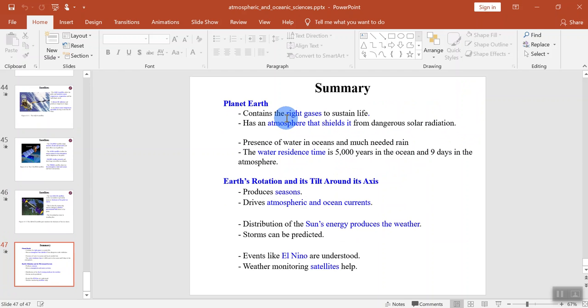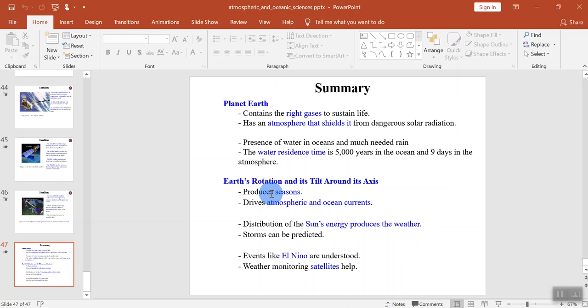Summary: planet Earth contains the right gases to sustain life. So far, this is the only known planet to sustain life. It has an atmosphere that shields it from dangerous solar radiation, presence of water in oceans, and much needed rain. The residence time of water is 5,000 years in the ocean and 9 days in the atmosphere.